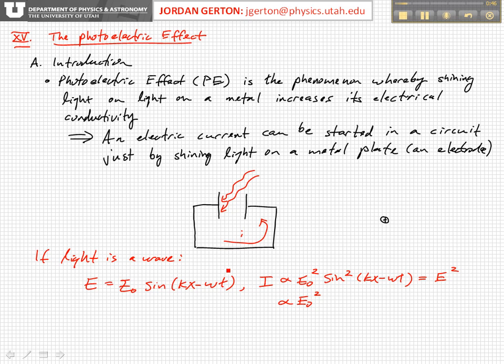The other thing we should maybe expect is, if we think about an atom, where we have some positively charged nucleus and electrons going around in some orbit, we know that this electron is bound to the nucleus.